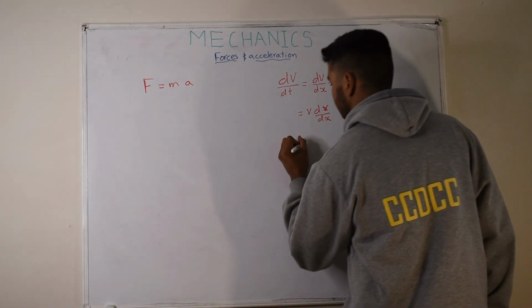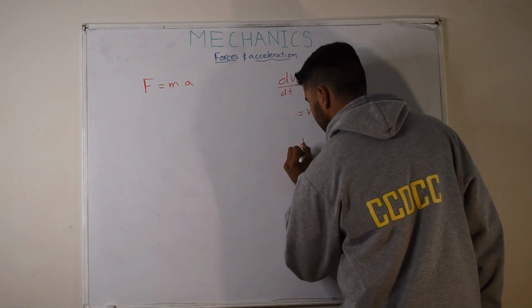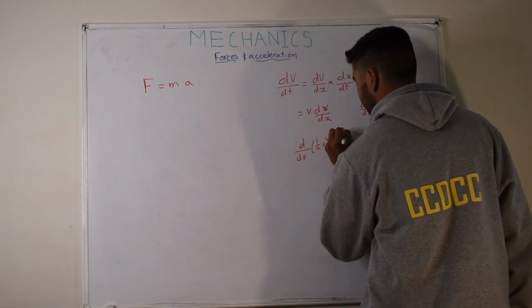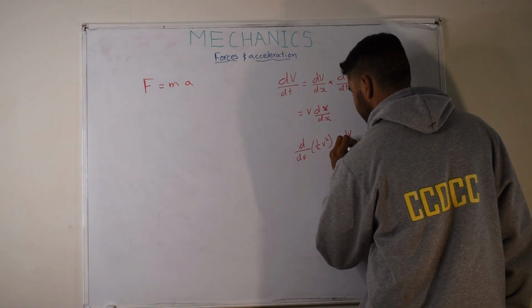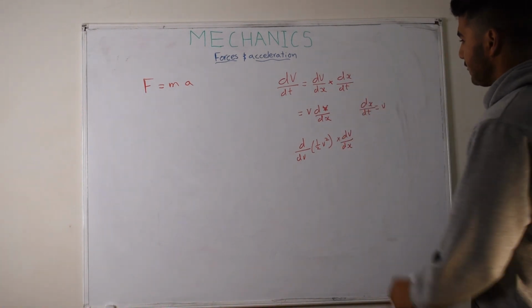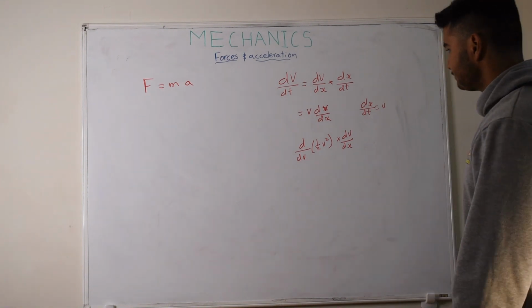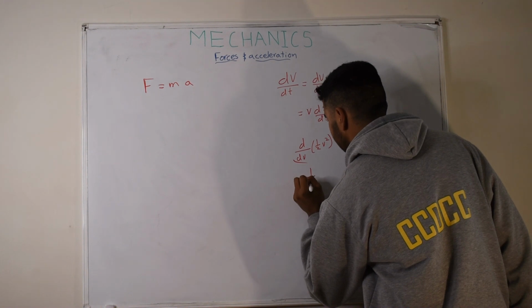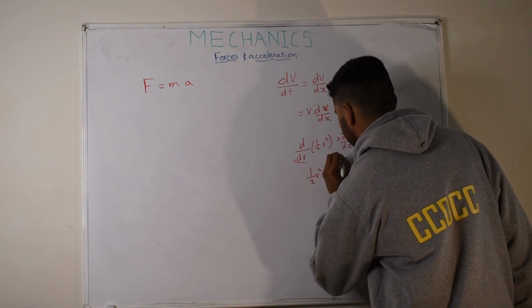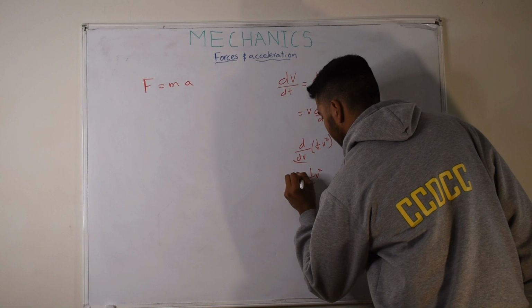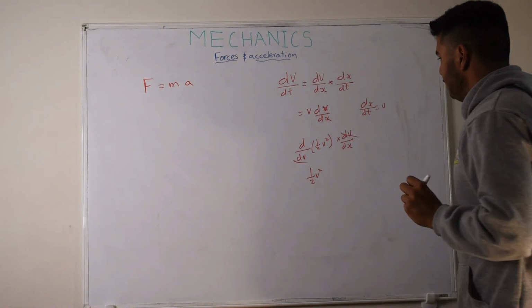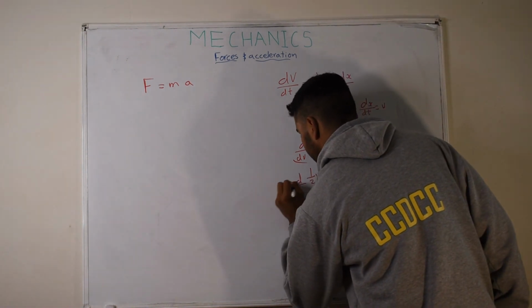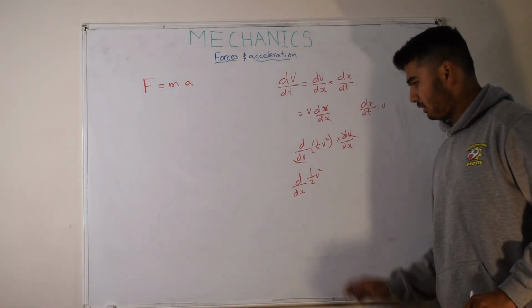Another method can be d upon dx of half v squared, since dv upon dx multiplied by v is this. Correct? That is velocity over here. So this then gives me d upon dx of half v squared.